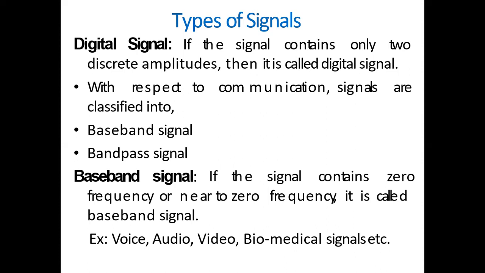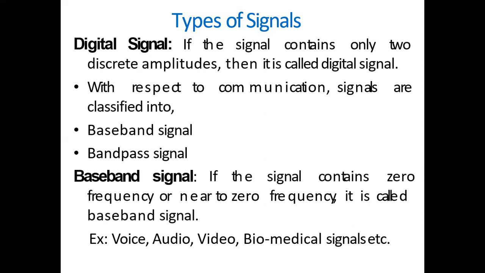But coming to our communication signals, we have baseband signals and bandpass signals. In the name itself, you can see baseband. If the signal contains zero frequency, either 0 or nearer to 0, meaning very low frequency, it is called a baseband signal.